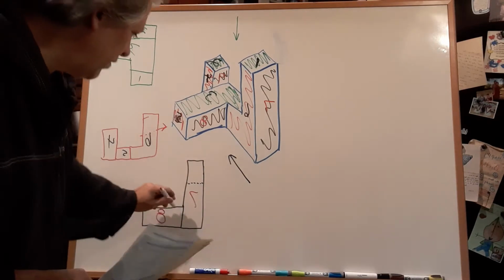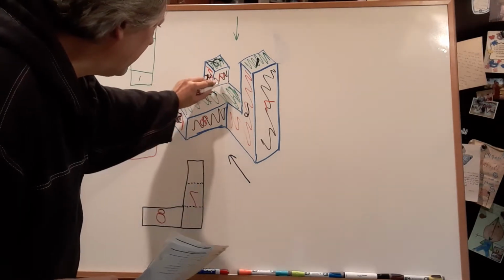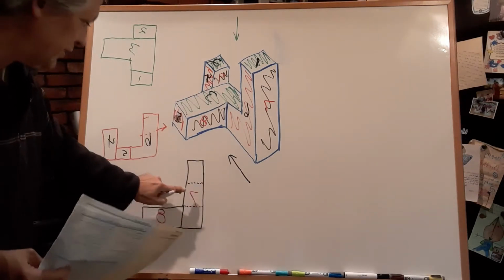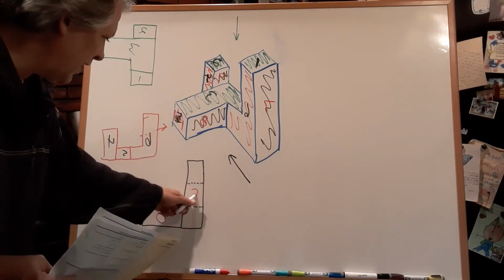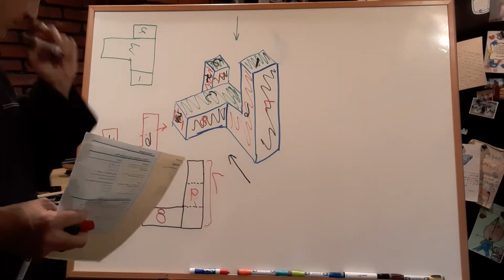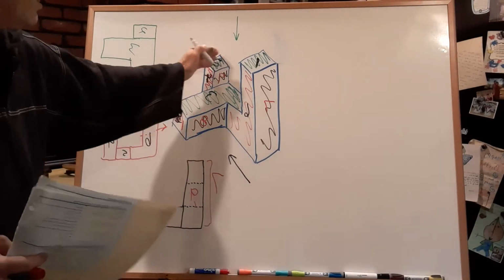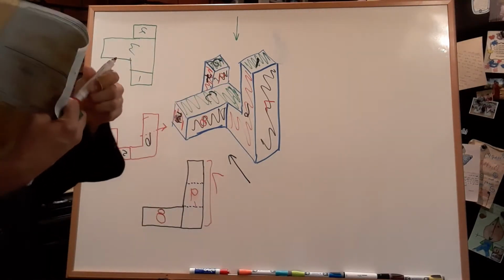It goes across like that because of this line. So this is actually 9, but this whole thing is 7. Remember, this little part here, you see the dotted lines? It's behind it.